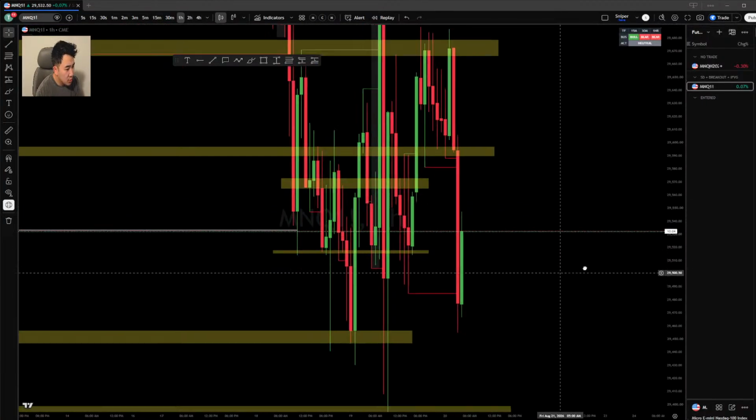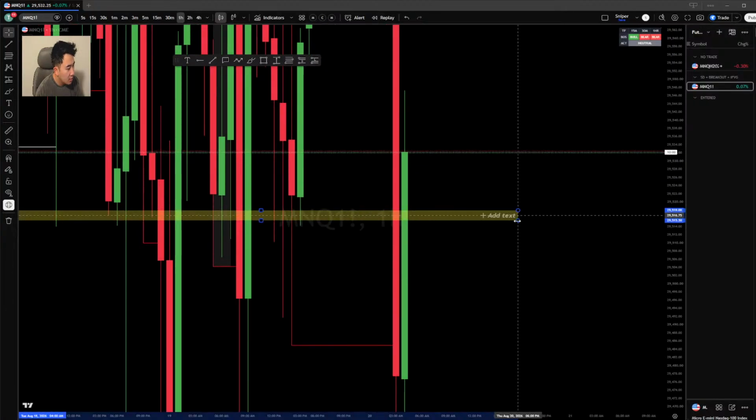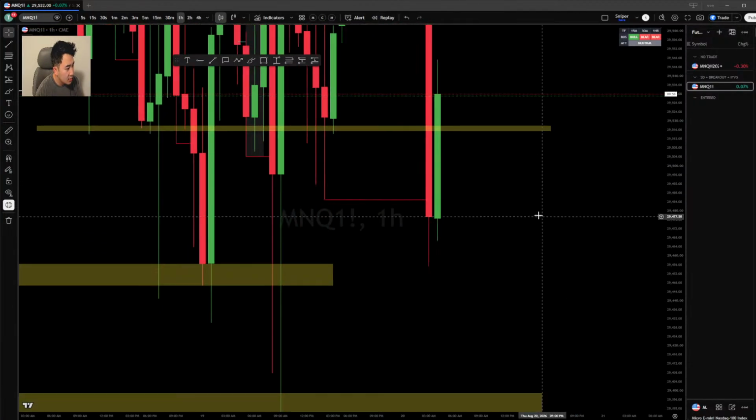Let's draw our support and resistance areas right here. Just extend this over.